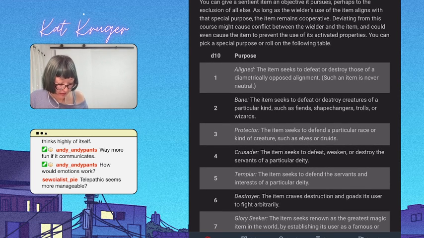What is different about a sentient item is that it does have more of a purpose. Years later, spoilers for the Good Fortune campaign, I guess it's not spoilers, but the Nightmare Stone and the Dream Stone in that campaign, the Nightmare Stone's objective was actually to destroy the Dream Stone.